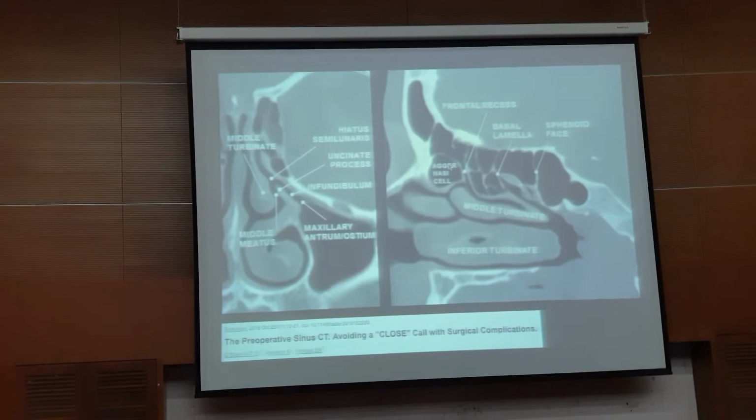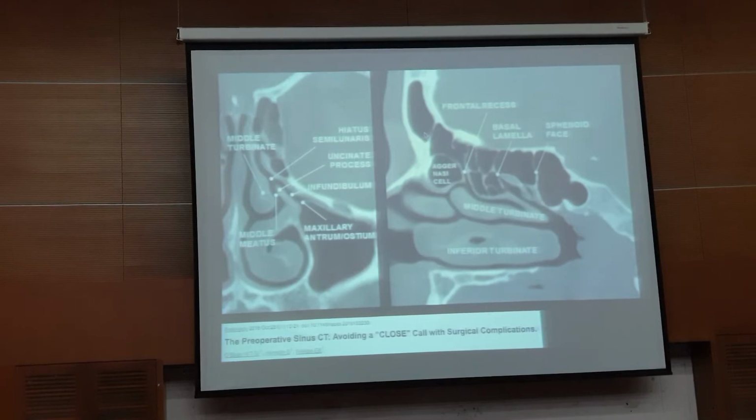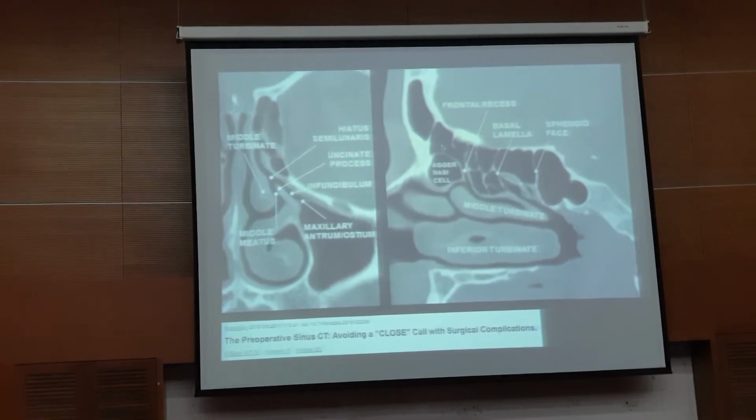Now, if you need to look at the frontal sinus drainage pathway, it's actually easier to see it in the sagittal view because it goes anterior to posterior. So here is the frontal recess, and then this is a very large agger nasi cell. It doesn't show the entire pathway on this slide, but it is often easier to see it in its entirety on the sagittal view.